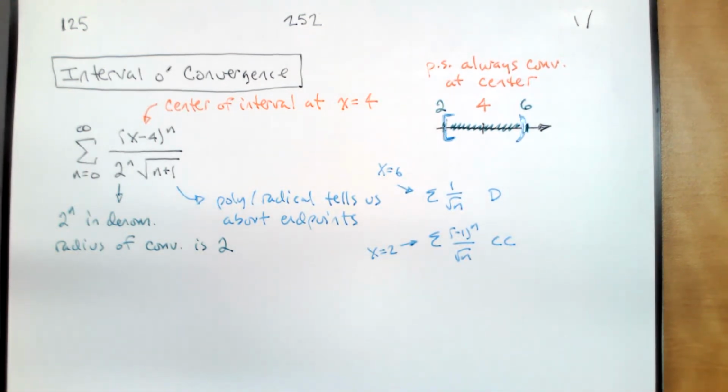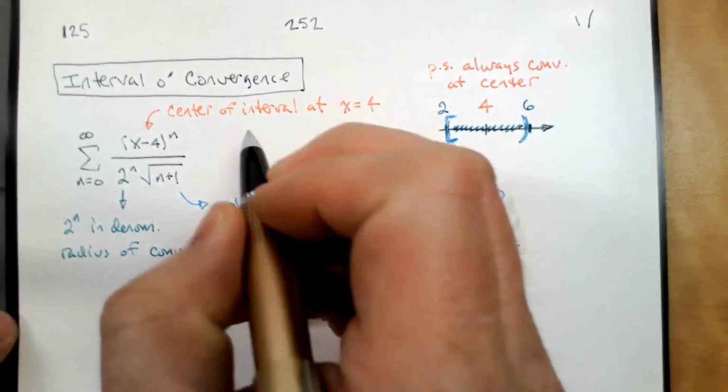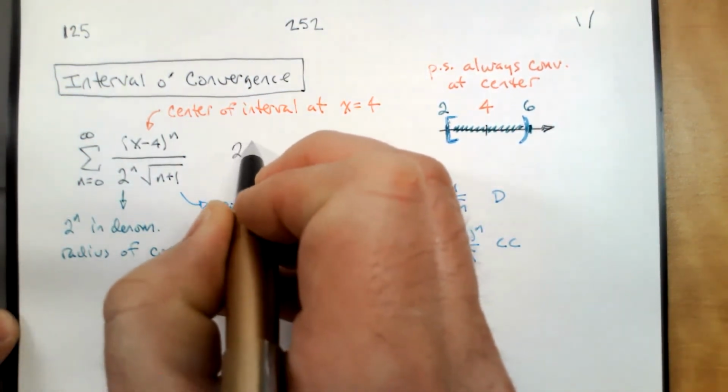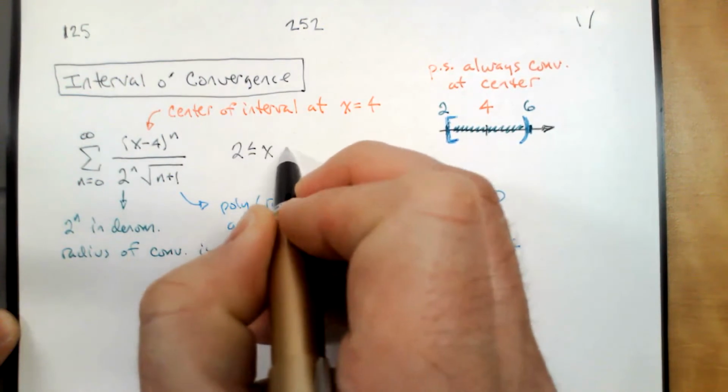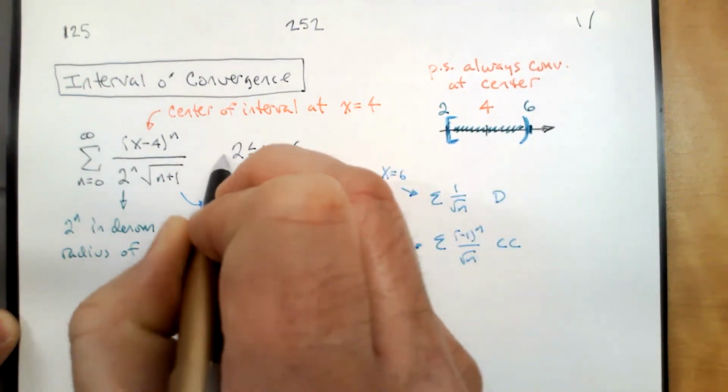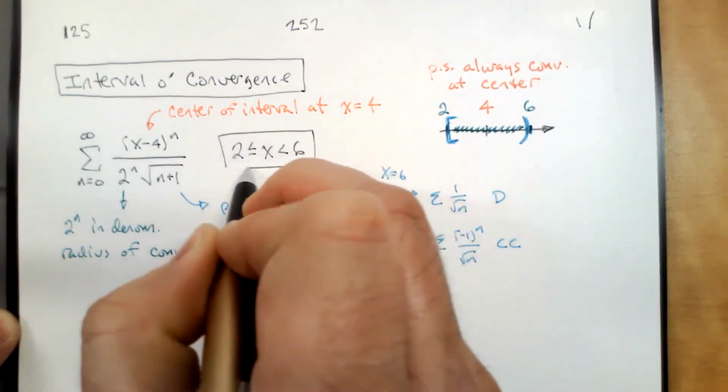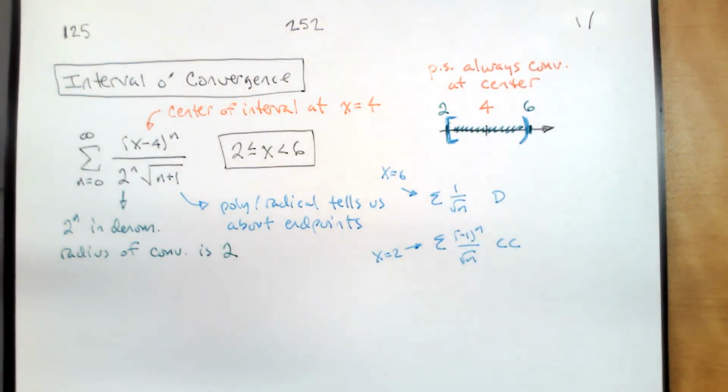In this case, the alternating is what got us convergence on the part with 2. So the interval of convergence, 2 is the bottom end and included. And at the top we have 6 and it's not included. So our interval is half open or half closed.